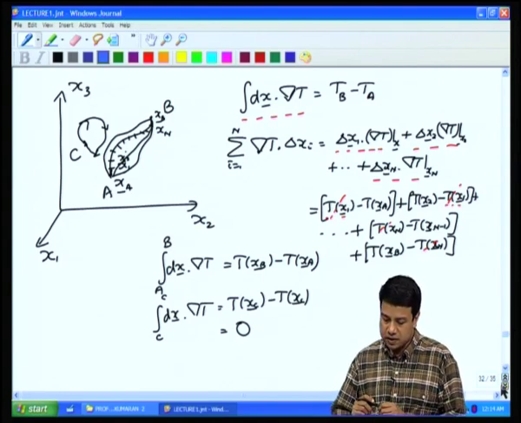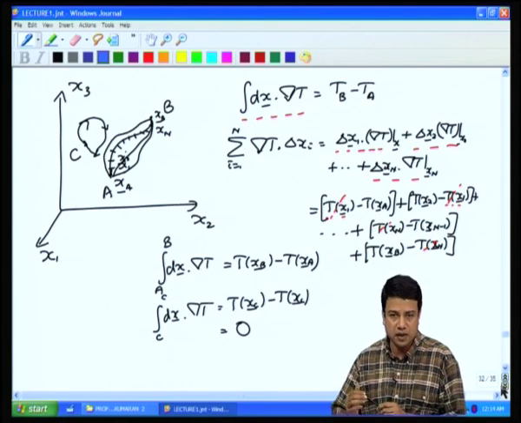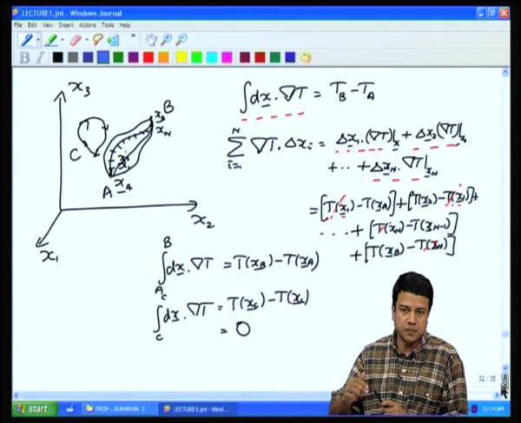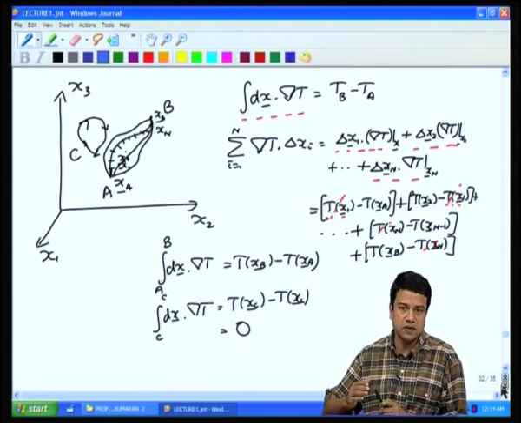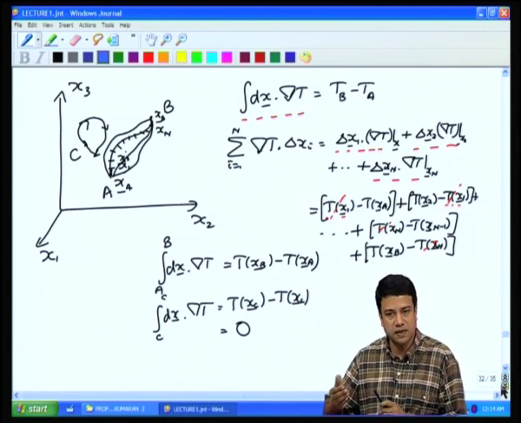This we had seen by dividing this entire path between these initial and final positions into small differential intervals, and then summing up grad T dot delta x on each of these intervals. And obviously, the temperature at each point along that path will cancel out, because it has a positive sign on one side and a negative sign on the other side.